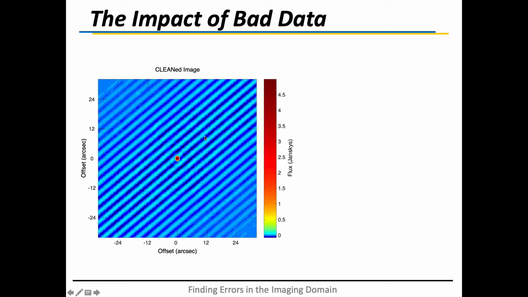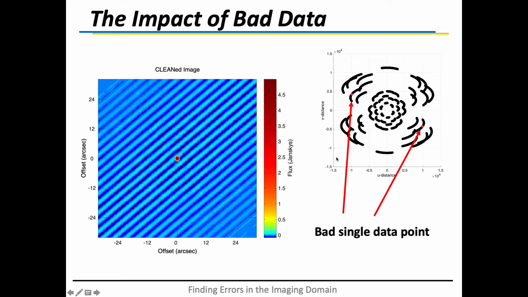Well, if you remember back to my first talk introducing interferometry, if you remember that table of Fourier transforms, this looks like a single sine or cosine pattern, and usually that points towards just a single bad data point. Since each baseline is technically measuring two different places in the UV plane, one just being the complex conjugate of the other, that's why it shows up as two separate points in the UV plane, but it's really coming from one bad visibility or one small set of visibilities.